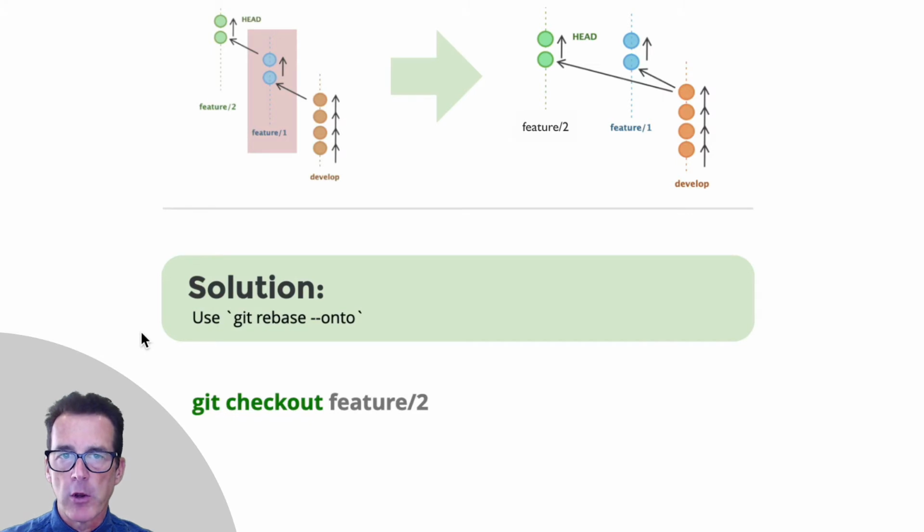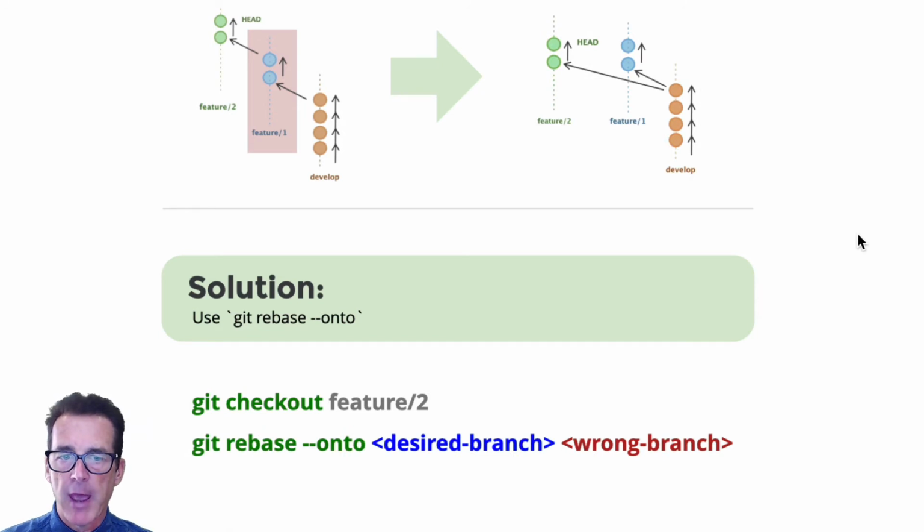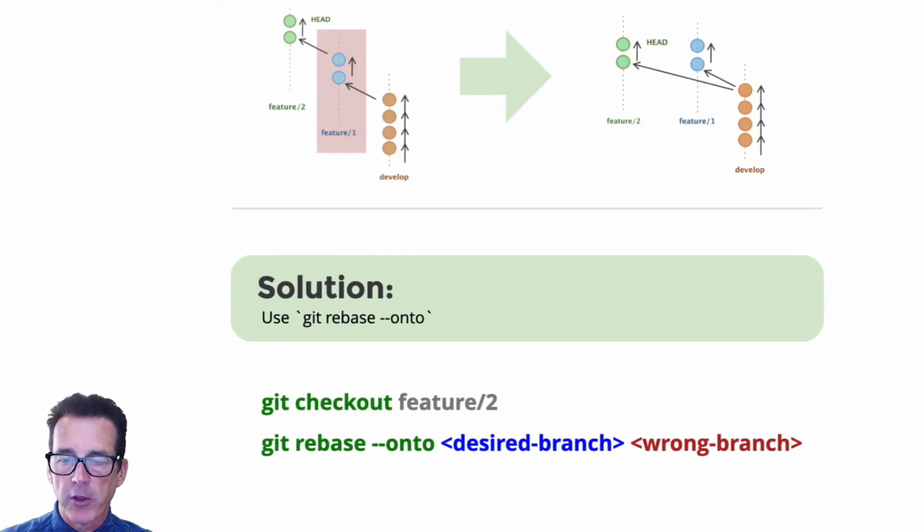So the first thing we want to do is make sure that we are in the branch feature/2, because this is the branch that we want to fix. We want feature 2 to be based on develop instead of feature 1. So now that we've checked out feature/2, we will use the command git rebase --onto, and we will specify the desired branch that we want to be the new source base branch, and what is the current incorrect wrong branch.